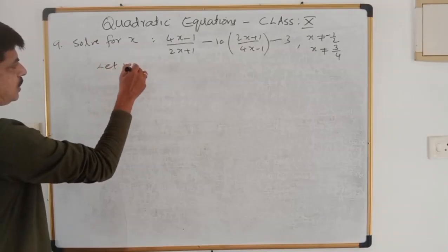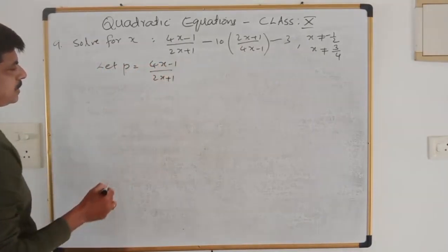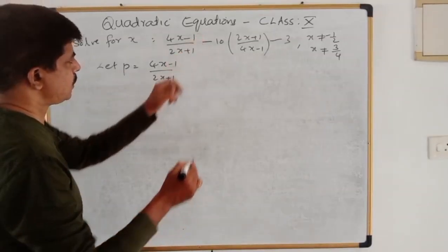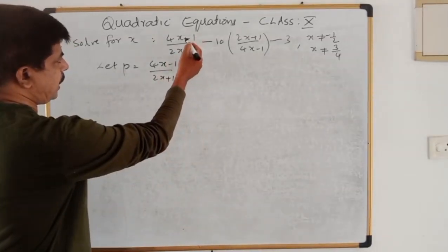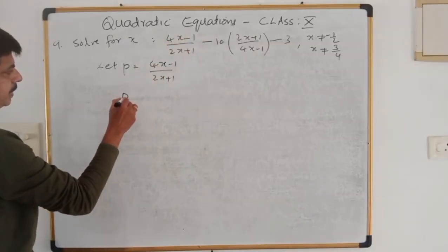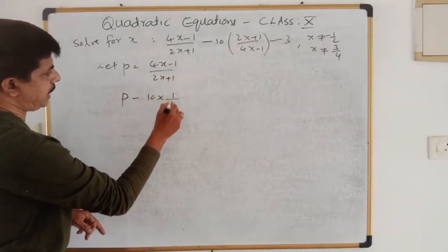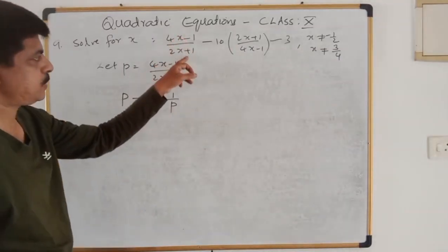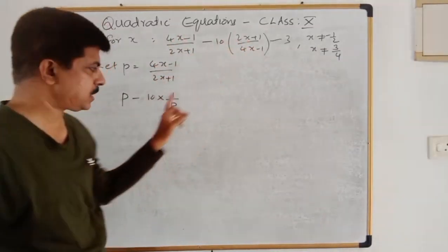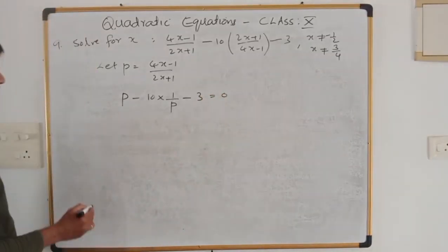Let p is equal to (4x minus 1)/(2x plus 1). How can we write the equation? This is p, so this is a reciprocal. It becomes 10 into 1 by p, the reciprocal of p, minus 3 equal to 0.